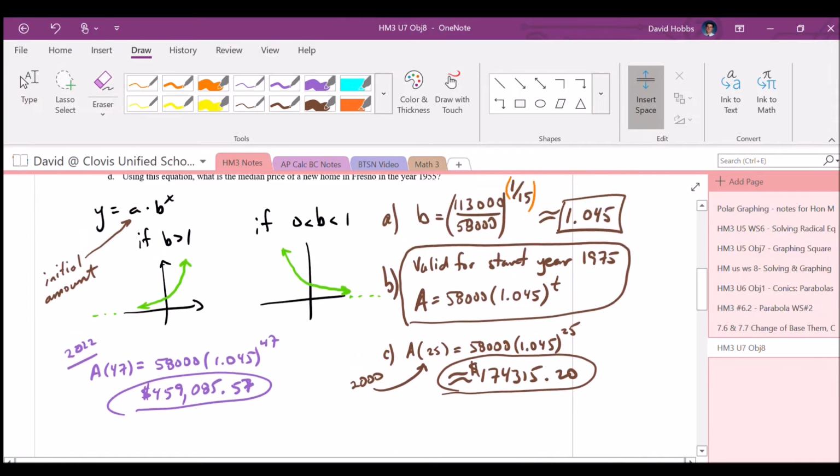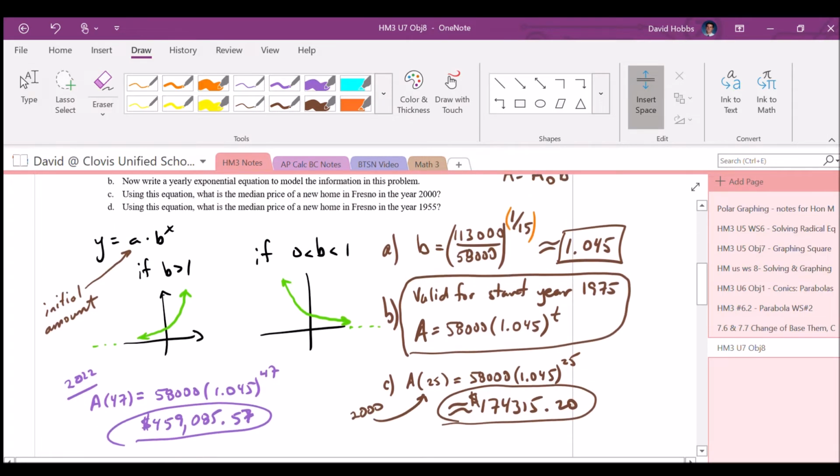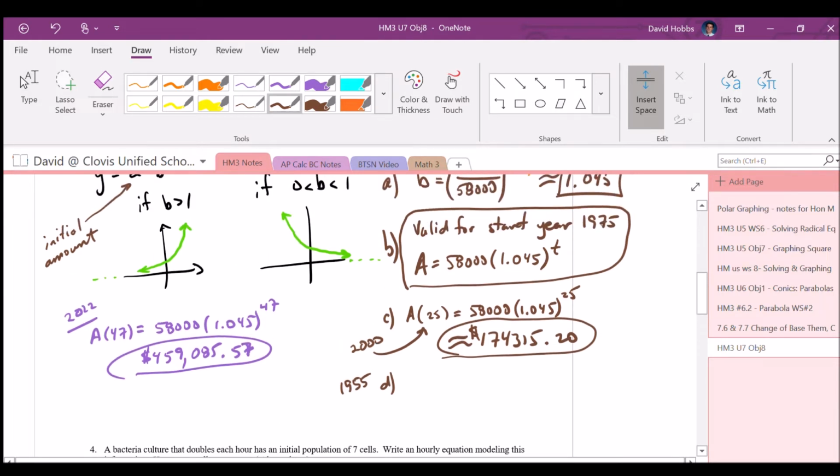Okay, back to the actual problem. Part D: using this equation, what is the median price of a new home in Fresno in the year 1955? I mean, we can go back in time. Sure. How does 1955 relate to our start year of 1975?